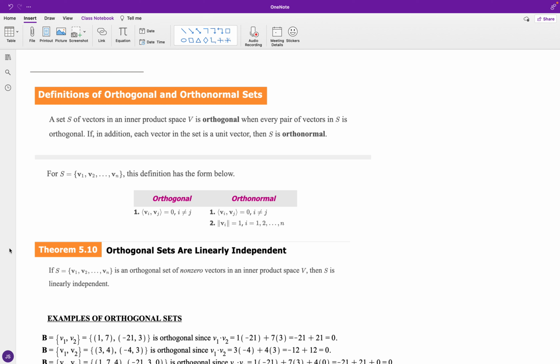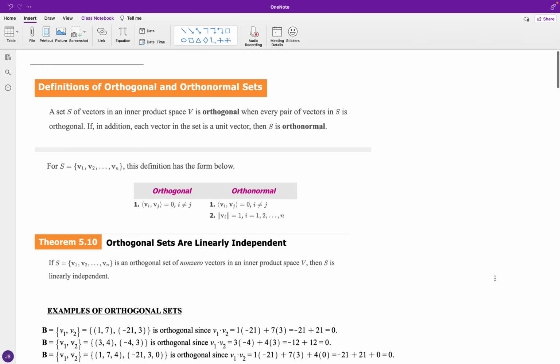And for orthonormal sets, the dot product of the vectors is equal to 0, plus the norm of all the vectors involved will be equal to 1. And orthogonal sets are linearly independent. If S is an orthogonal set of non-zero vectors in an inner product space V, then the set S is linearly independent.